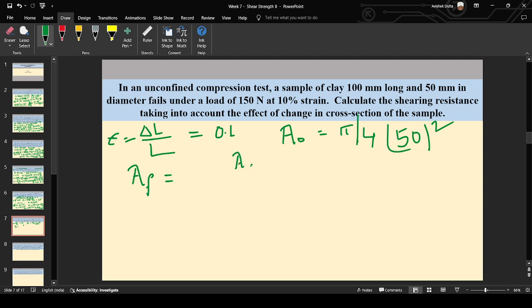Initial cross section area A0 divided by 1 minus del L by L, that is epsilon. Okay. So using this, we find out the cross sectional area at failure approximately equal to 2181.7 mm square.